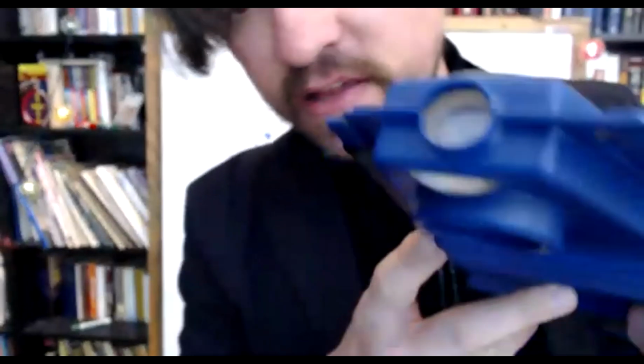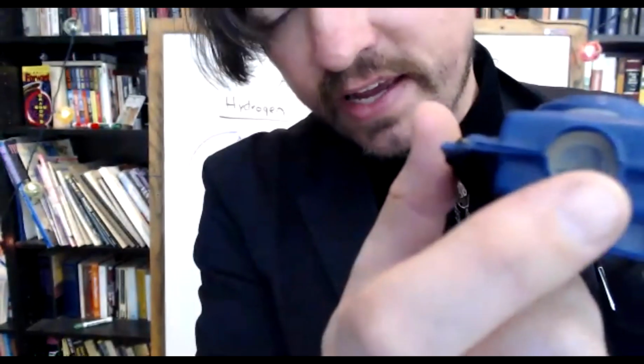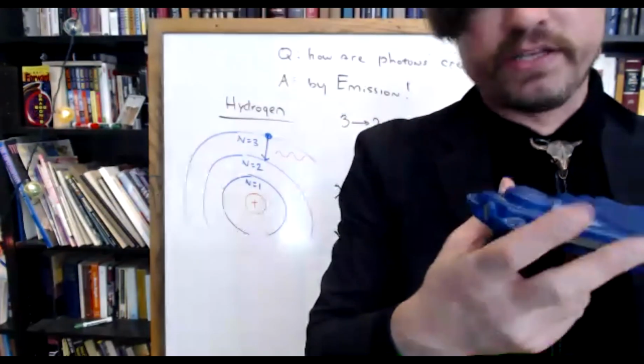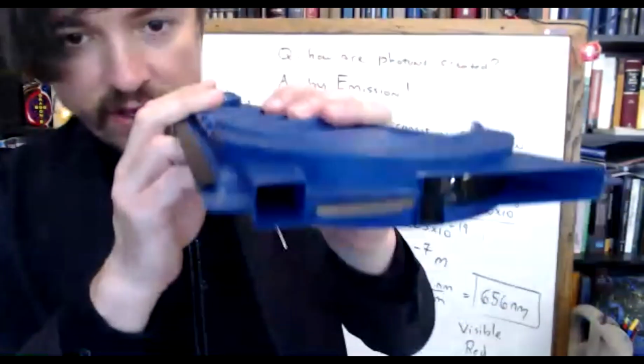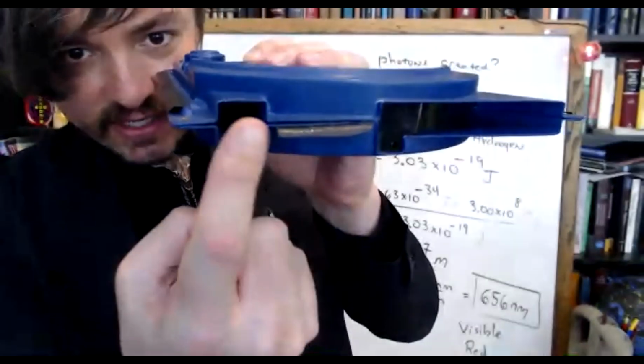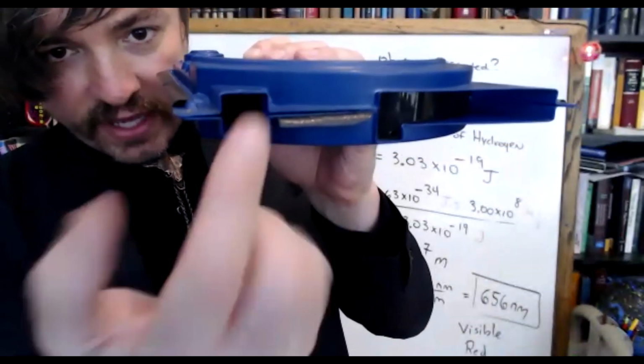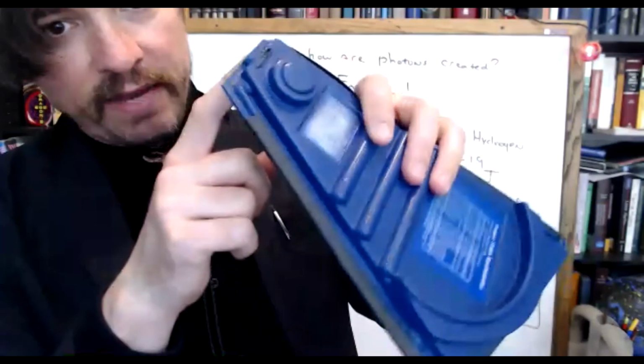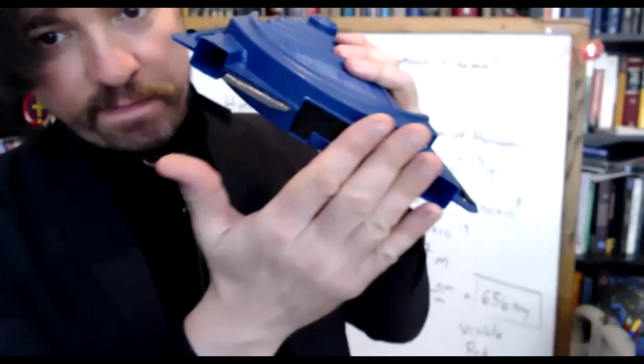The spectroscope has a little piece of plastic in here called a diffraction grating, which splits light apart into its component wavelengths. You send the light into this tube, it goes through a slit, bounces off the grating, and then disperses into its component wavelengths. That's what we're going to do in lab today. We're going to look at the spectrum of a bunch of different elements.